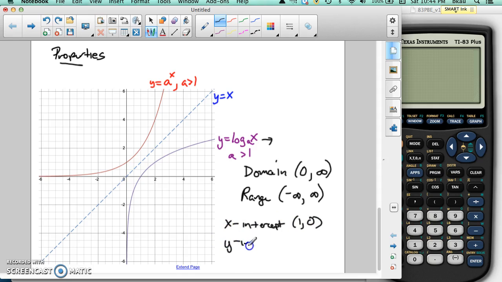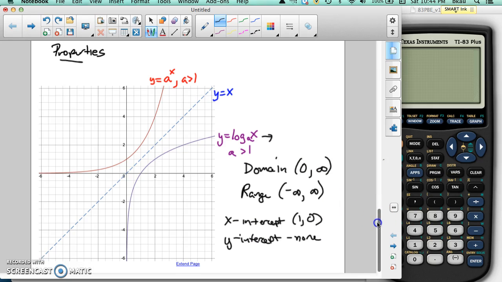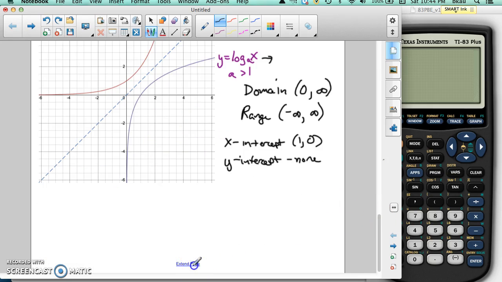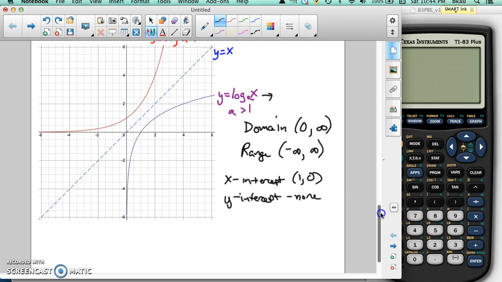Y-intercept. Since we have an asymptote at the axis here, we're going to have no y-intercept for this logarithmic function. And then we need to look at any kind of bounds.